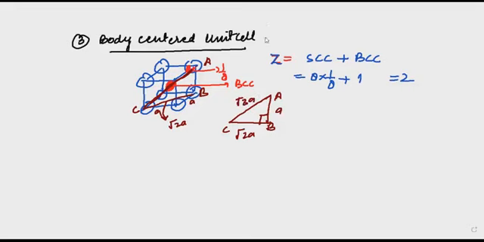How many atoms are arranged over here? One atom, this one, second atom, this one, and the third atom is that one. Always remember that this is SCC, this is BCC.